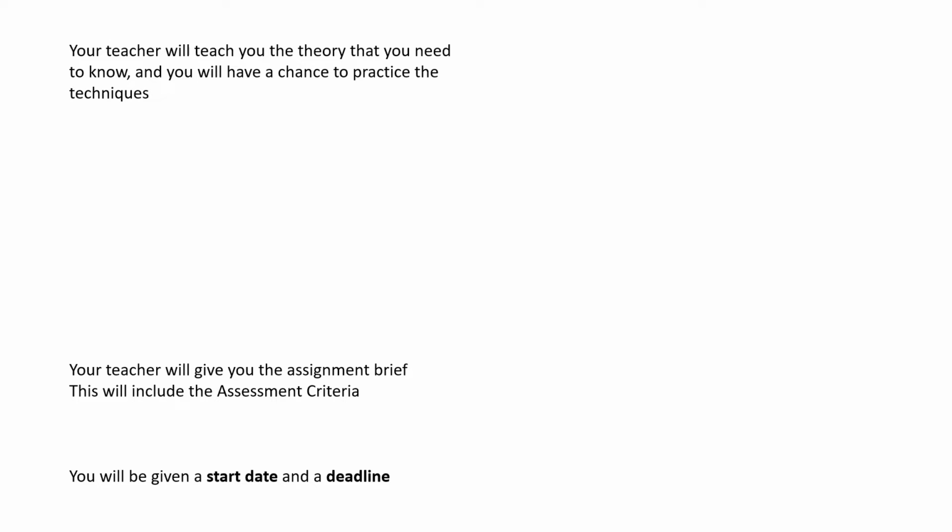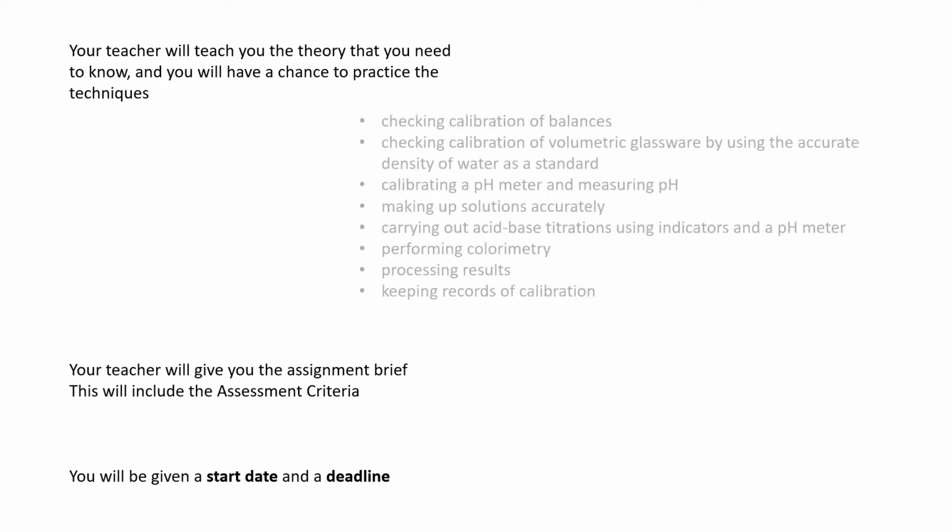You will have done some of this at GCSE, but basically you need to understand what titration is all about and be comfortable with using moles and working out concentrations. And you should have had a chance to practice some of the skills that you will need.